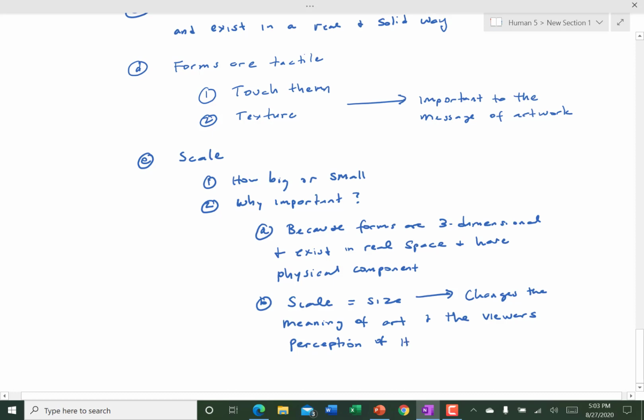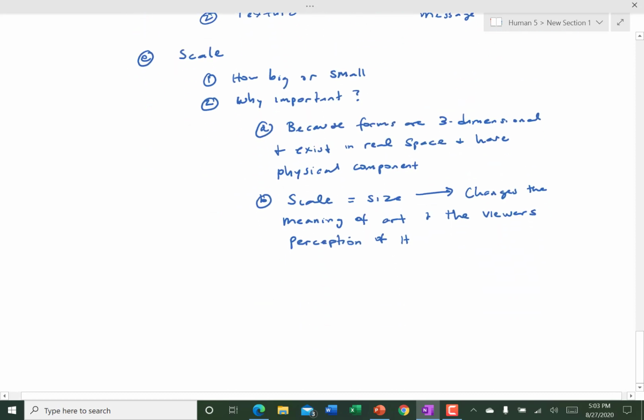For example, and we're going to look at scale as a fundamental a little bit later in more detail, if you had a sculpture of a person that was small, and then you had another sculpture of a person that was large, how you perceive each of these sculptures is going to be very different.